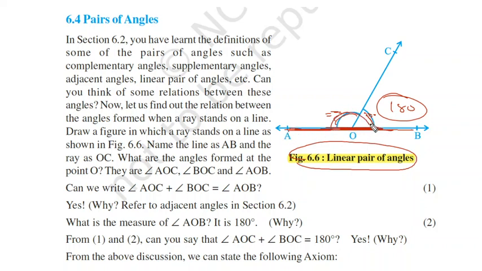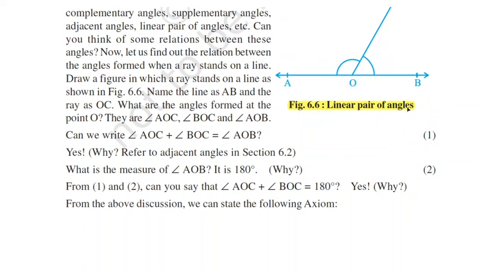We have divided it into two parts, angle COB and angle COA. Therefore the sum of these two angles will be 180 degrees, as these two angles are on a straight line and this is a straight angle.